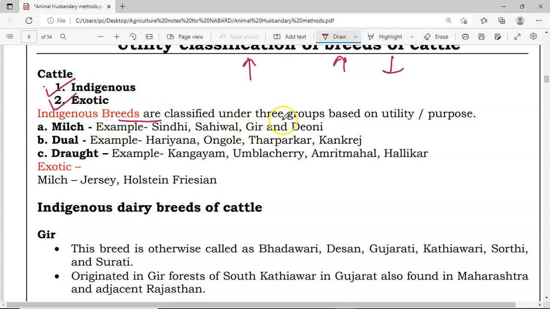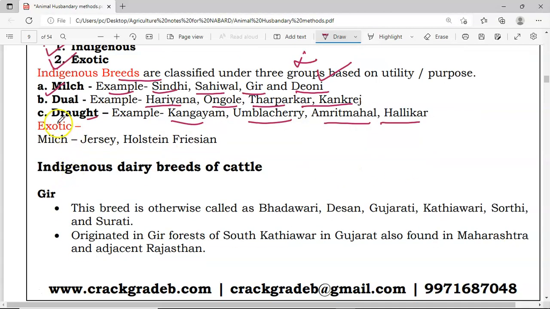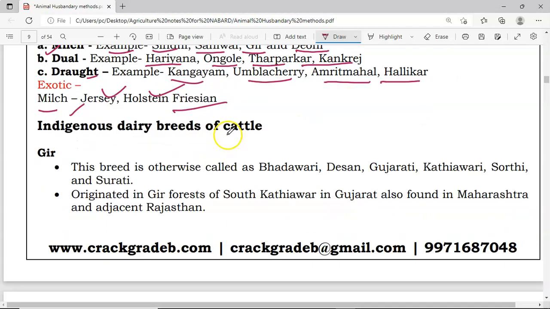Indigenous breeds are further classified into three groups: milch, examples Sindhi, Sahiwal, Gir and Deoni; dual, examples Haryana, Ongole, Tharparkar and Kankrej; and draught, examples Kangayam, Umblachery, Amritmahal, Hallikar. Some exotic breeds are Jersey, Holstein and Friesian.